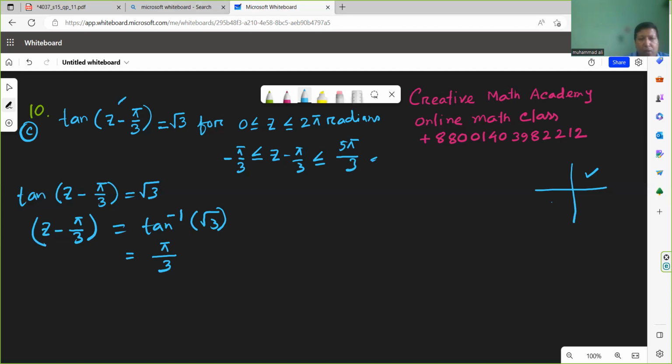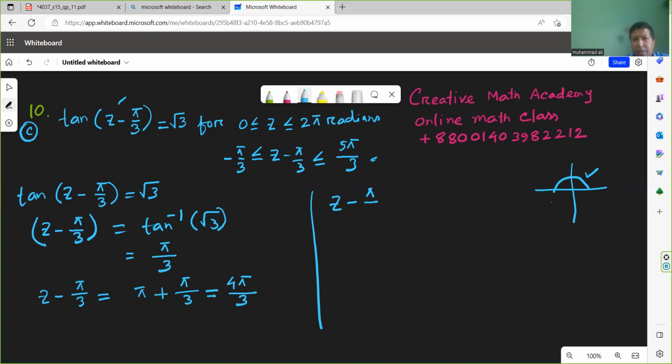The first quadrant result we get. If we want the third quadrant result, we write z minus pi by 3 equals, from here to here this is pi, so with pi you have to add the equal angle pi by 3. We get 4 pi by 3. Finally, z minus pi by 3 equals pi by 3 and also 4 pi by 3. But we want the value of z only.